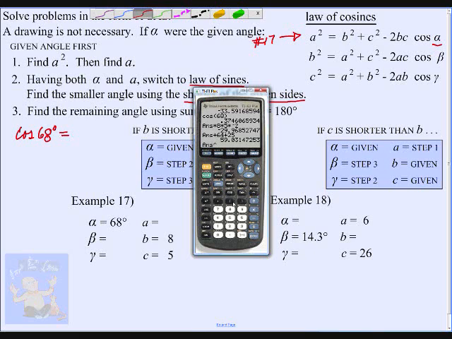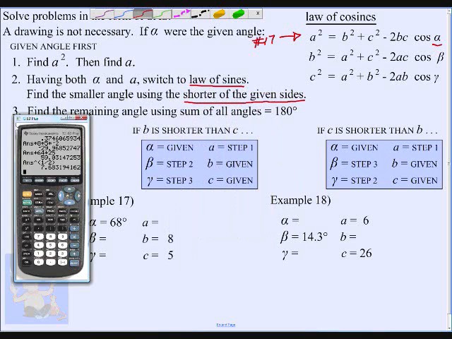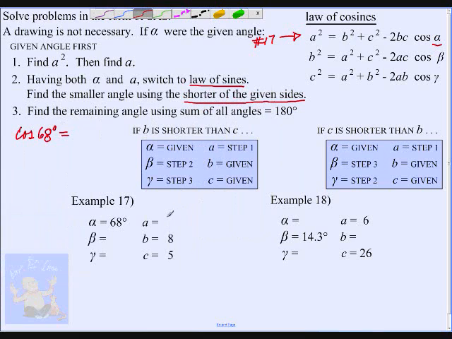So I'll raise it to the power 1 divided by the root 2. That's my square root, right? 7.68. So if we are rounding to the nearest tenth, that will be 7.7. So A is equal to 7.7.